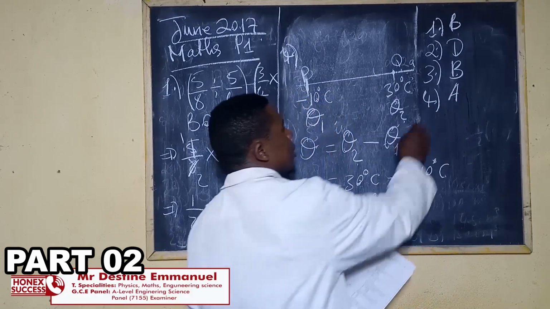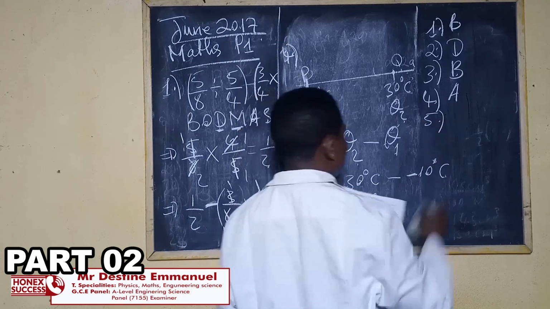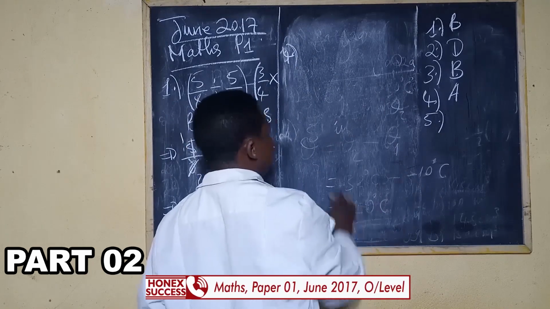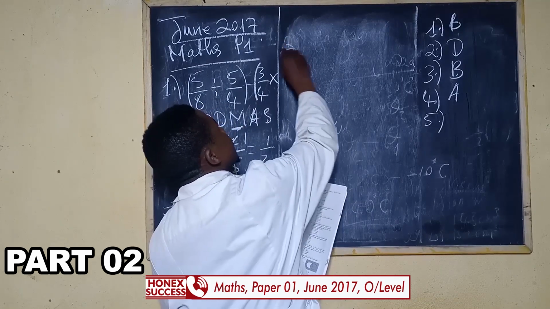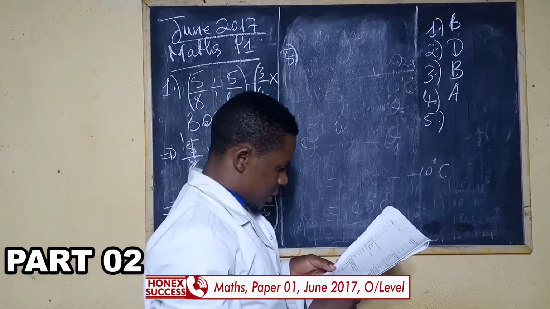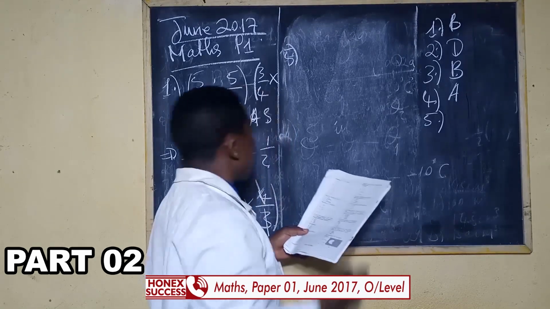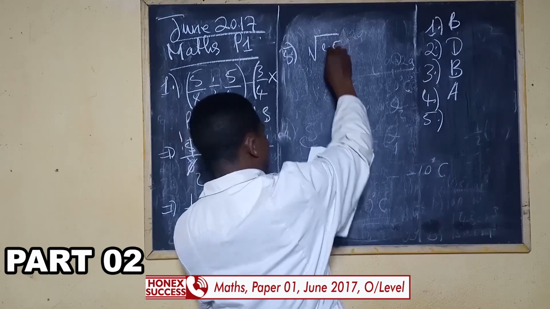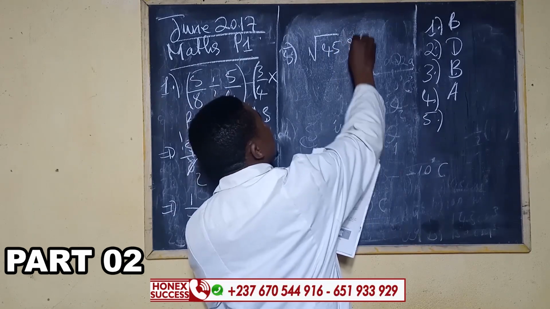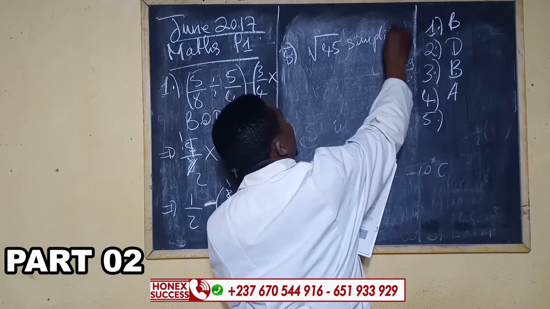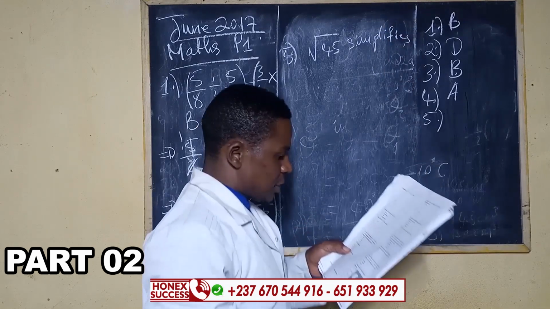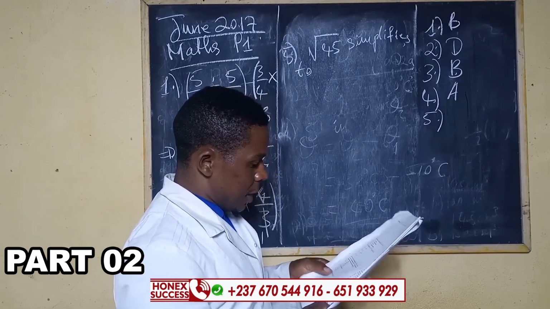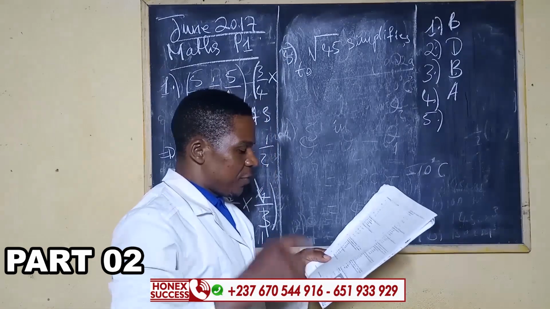Question 5 says that the square root of 45 simplifies to, okay, the different options are given: A, 15, B, 5 root 3, C, 9 root 5, D, 3 root 5.